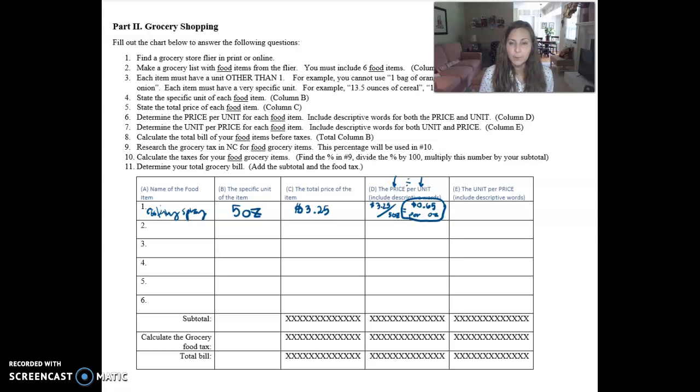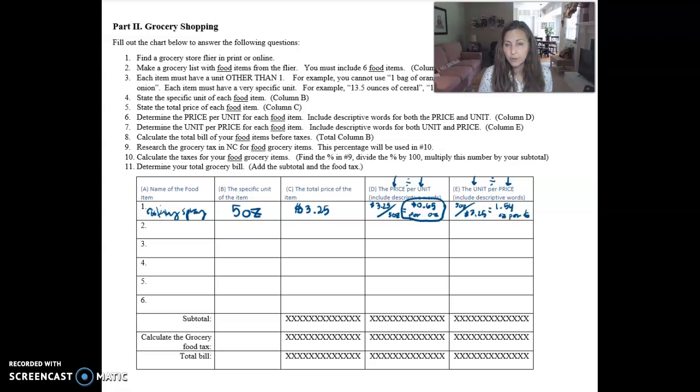The unit per price. This time it starts with unit. Per means to divide, and then price. So I have to follow that order. I have to write the unit first, which is 5 ounces, divided by the price, which is $3.25. And I'm going to get 1.54, and it's going to be ounces per dollar.